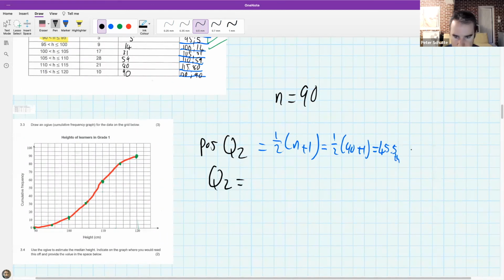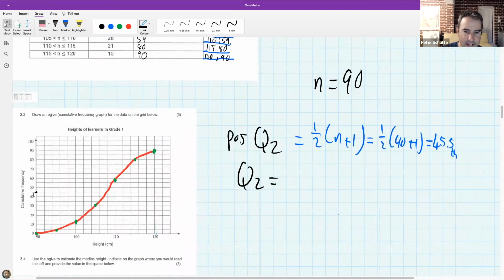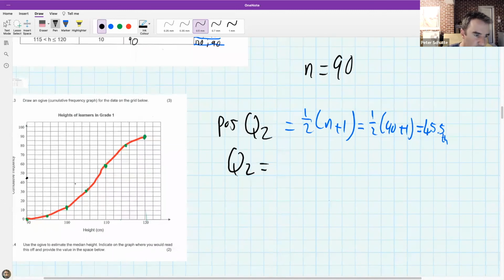What we do is we find 45.5 on the vertical axis. So if you look at the vertical axis, the cumulative frequency, I go 10, 20, 30, 40, 45.5 is going to be roughly around there. So how am I going to get my estimate? I draw a horizontal line across the curve and I hit over here.